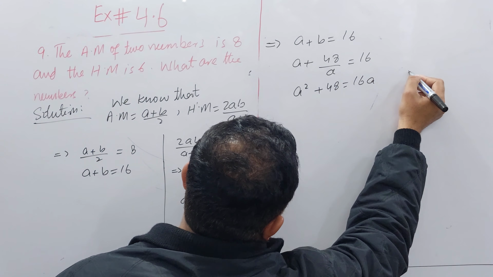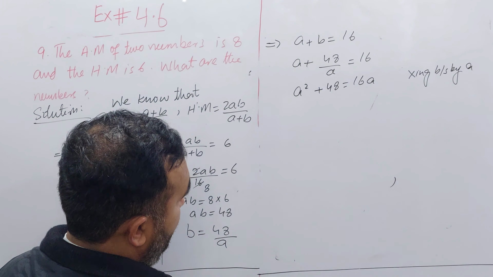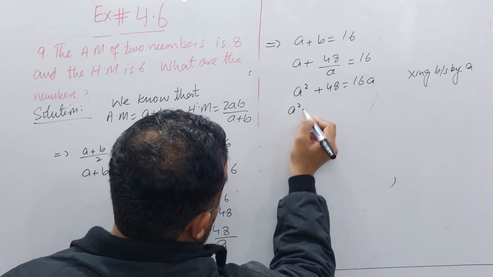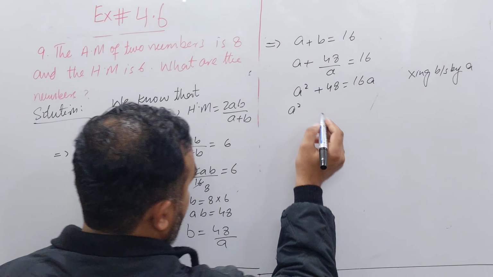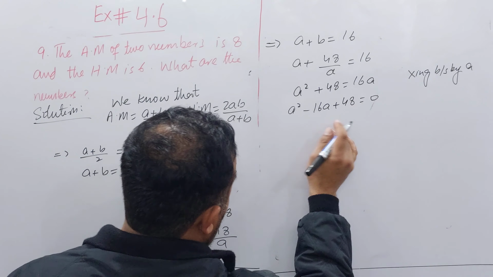So this became a quadratic equation. We need to write this in standard form and then factorize this quadratic equation to find the value of a. So shift this 16a to the other side: a square minus 16a plus 48 is equal to 0.